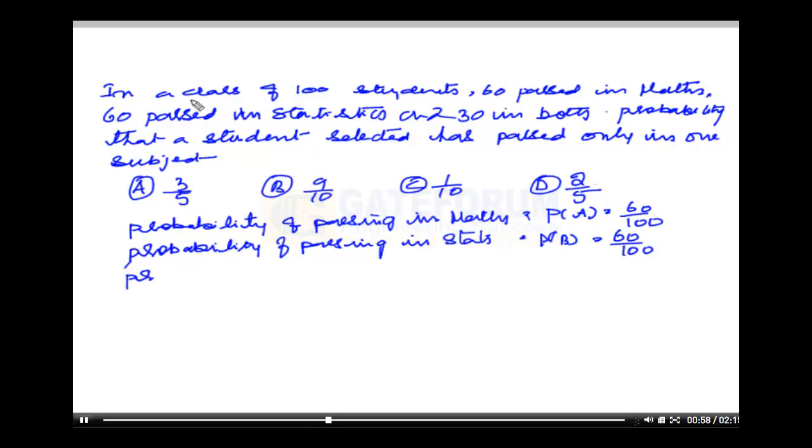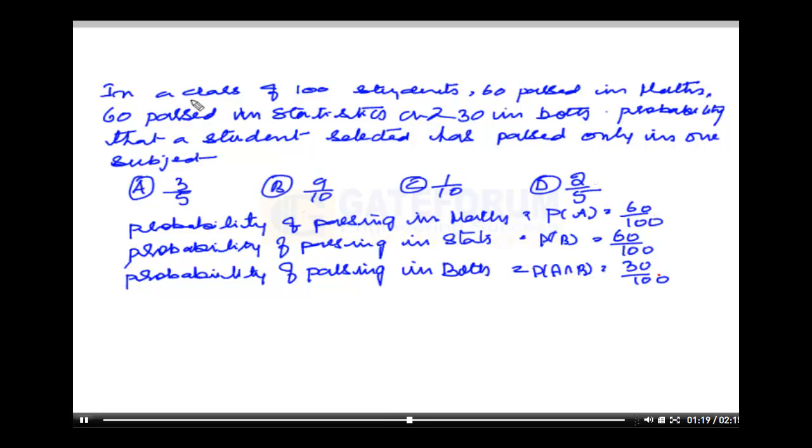Similarly, the probability of passing in both, A intersection B, is 30 by 100. We want the probability of passing either in maths or stats. Therefore, P(A union B) is equivalent to PA plus PB minus P(A intersection B).